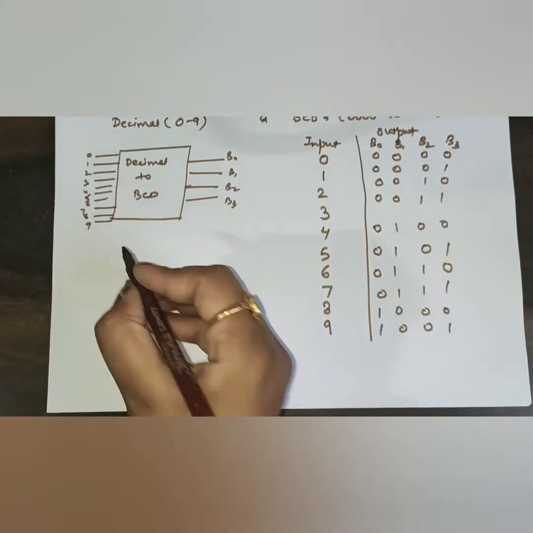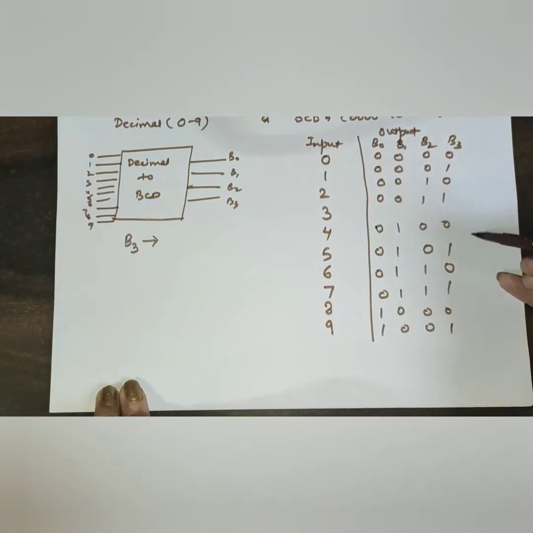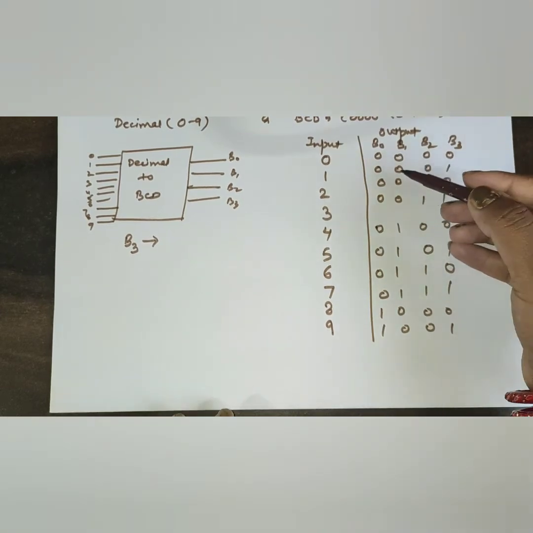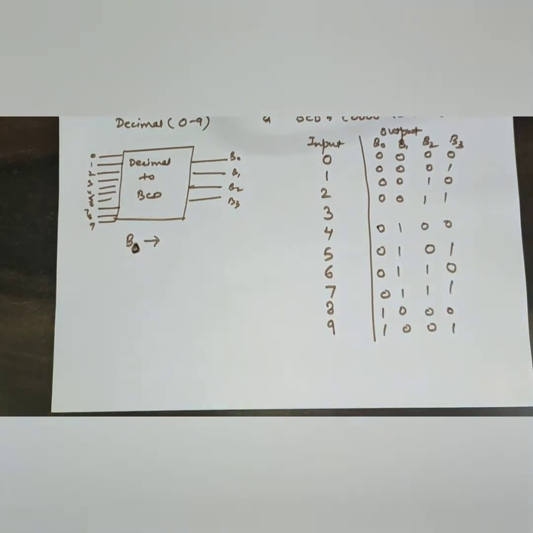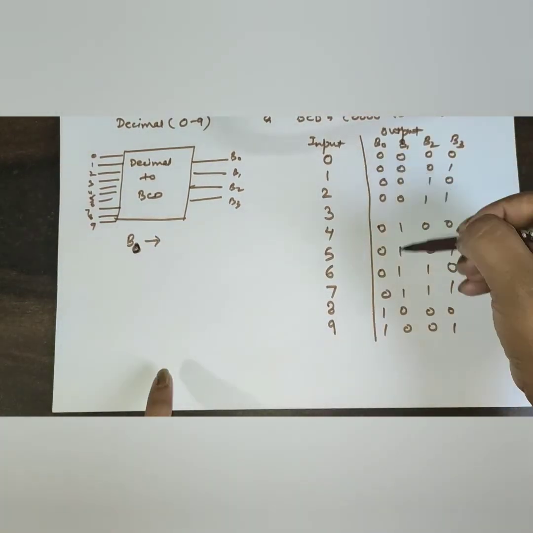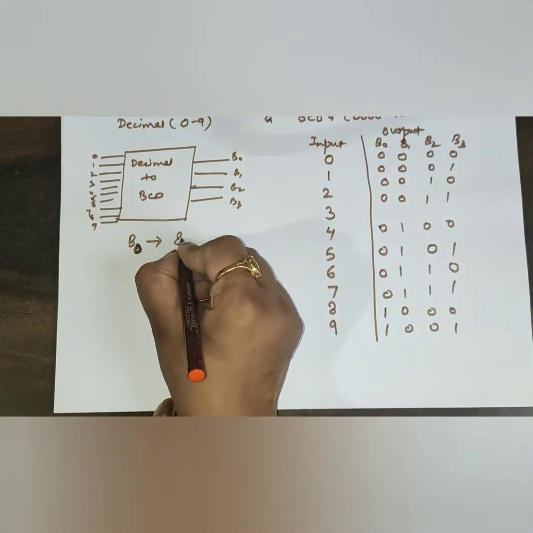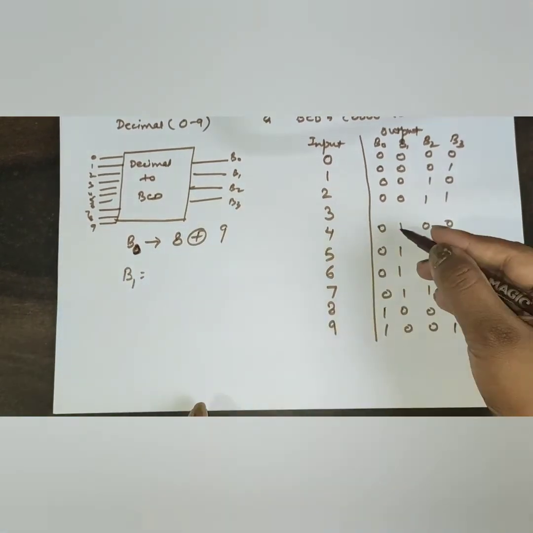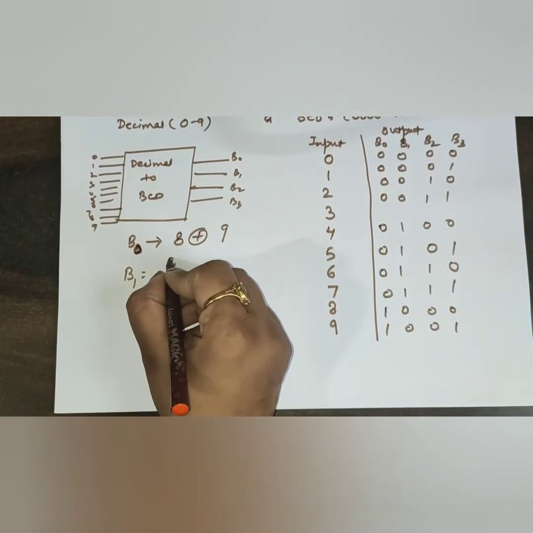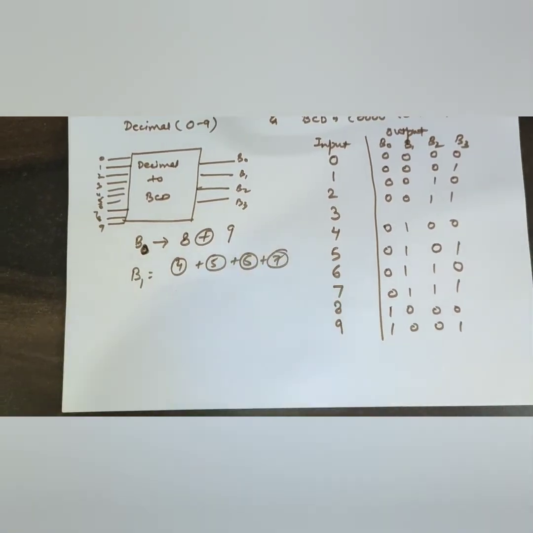So you can check that B3 is the B naught. Okay, B naught. First of all, we will talk about B naught. B naught will be on when 8 and 9 is 1, another will not be on. So 8 OR 9. Then B1 will be like this, that is 4, 5, 6, 7.